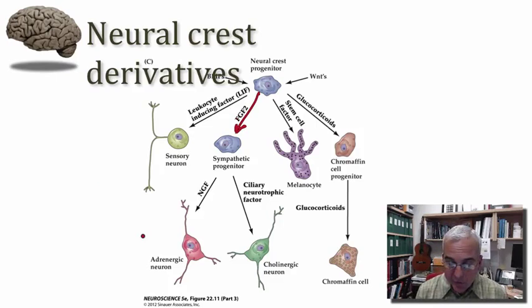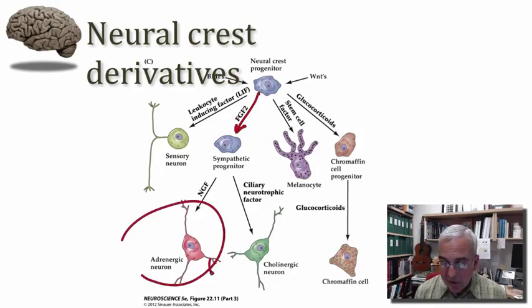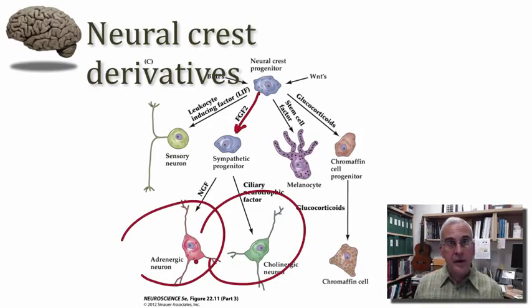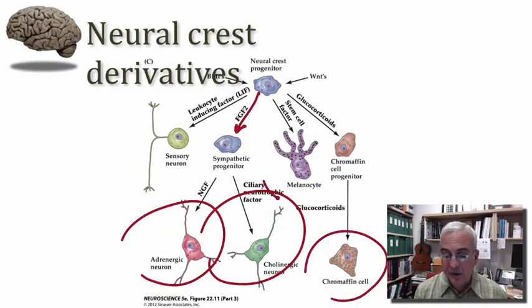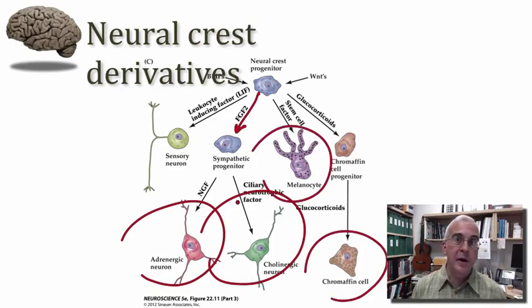And so that would include our ganglionic neurons that are innervating our visceral tissues. So essentially the entire peripheral nervous system, including the enteric nervous system, is derived from neural crest. And as I mentioned, also non-neural structures are derived from neural crests, such as the chromaffin cells and the melanocytes, and others that are not depicted here.